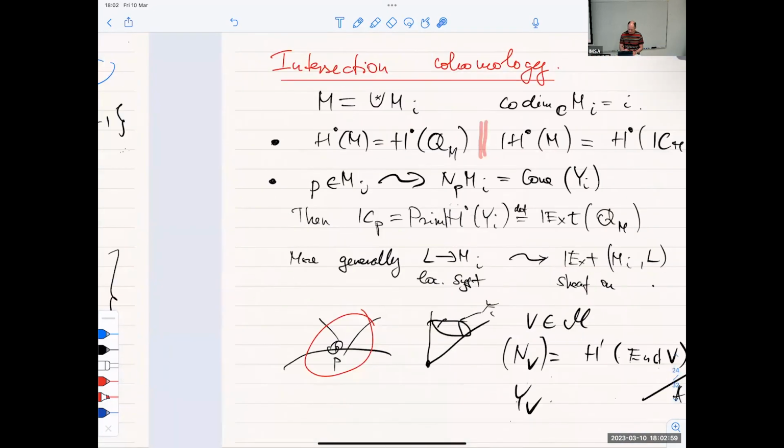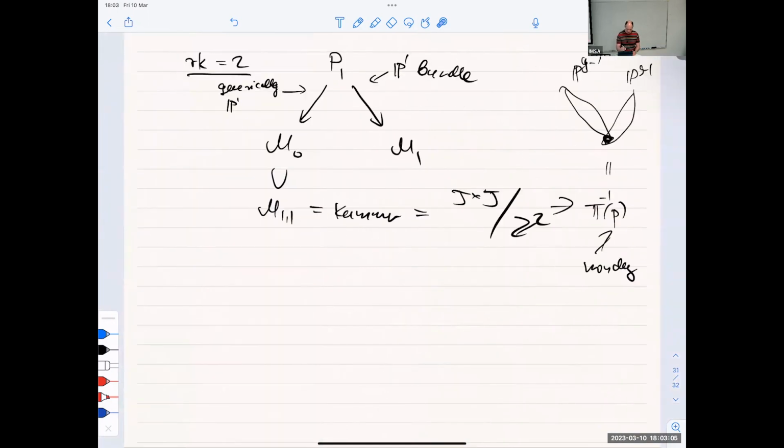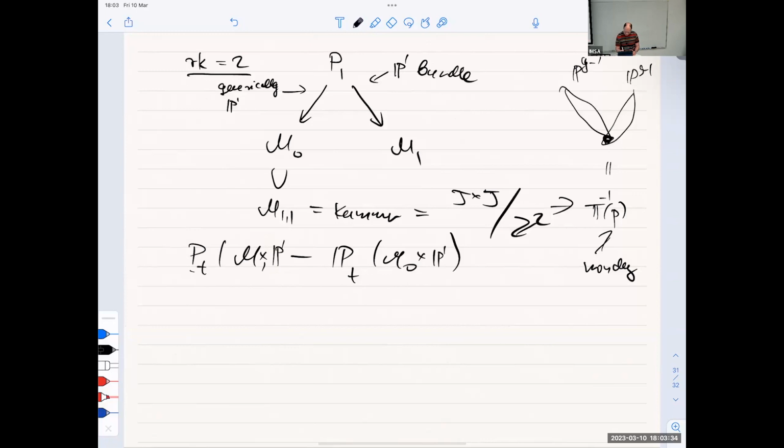Okay, so let's do that. All I'm trying to say now is that if you subtract simply from the Poincare polynomial of M1 the intersection Poincare polynomial of M0, well, let's multiply it by P1, it's not so important, but by the same thing, then you get essentially something on the Kummer, the symmetric product.